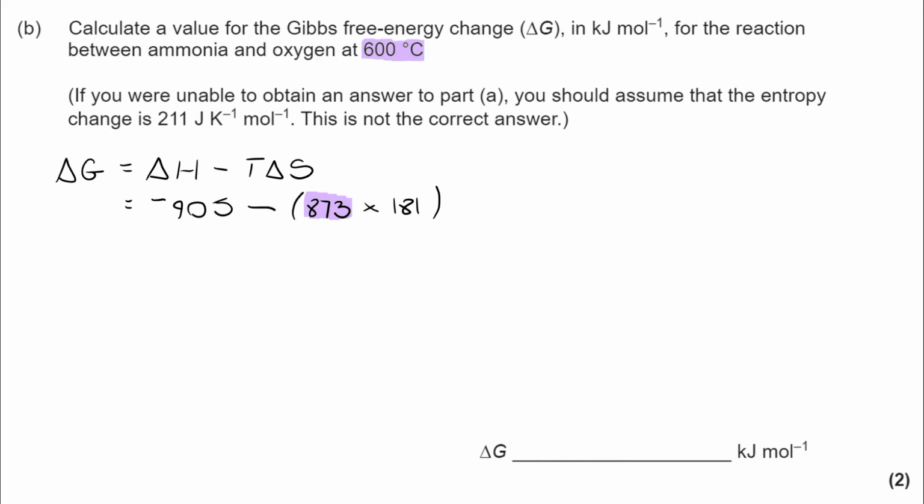And I'm then multiplying that by delta S. But I've made a fundamental error so far. Because entropy is in joules per Kelvin per mole and delta G is in kilojoules per mole, I need to convert my entropy. So I do that to kilojoules per Kelvin per mole by dividing by 1,000. And once I've done that, I get my value, negative 1063.